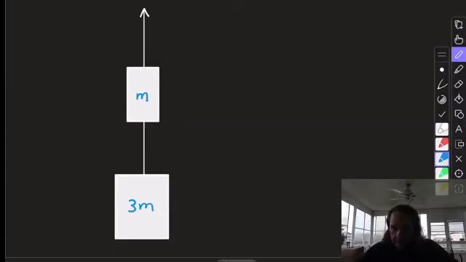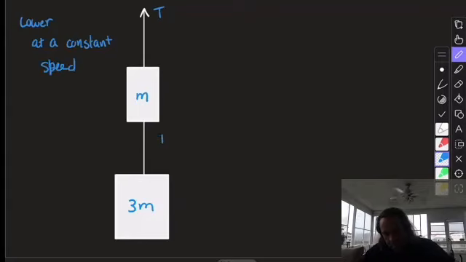I'm holding the boxes. And I have to hold them with a tension to keep them in place. Now, if I lower the boxes at a constant speed, does that make T2 increase, decrease, or stay the same?